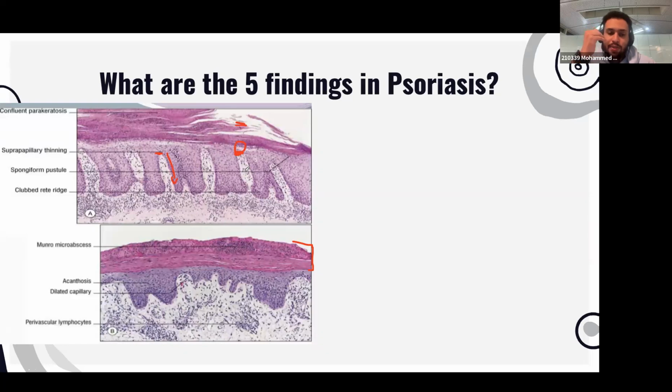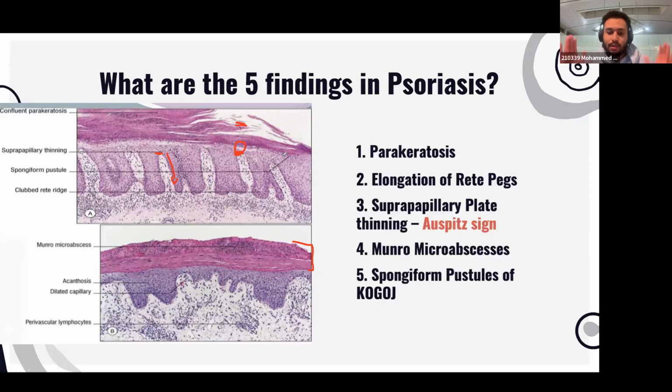Now, the last thing is there's this pustule that forms within the epidermis, similar to the abscess, which is formed with neutrophils, which is called the spongiform pustules of Kogoj. Okay, these are the important findings that you see in psoriasis. This can come either as a SAQ or an OSPE. It's coming. Like, there's no way this doesn't come.